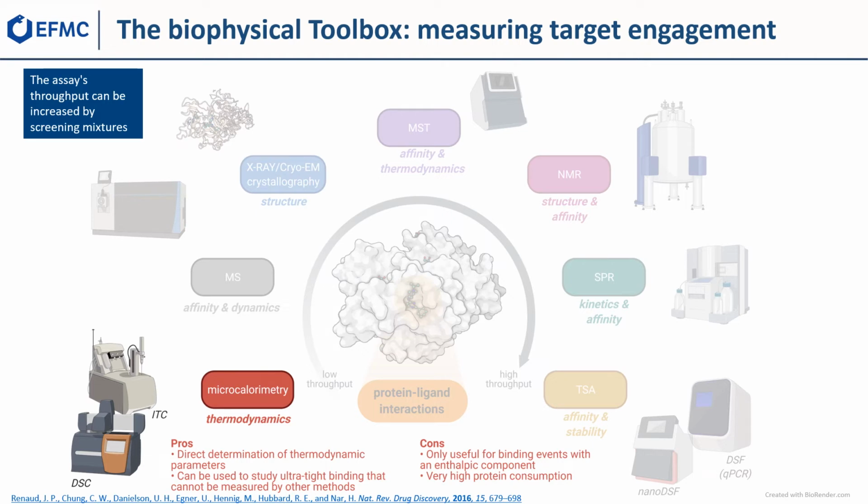Differential scanning calorimetry, or DSC, measures heat changes and corresponding thermodynamics resulting from the thermal unfolding of a protein. An advantage of these techniques is that experiments are performed in solution, but large amounts of protein are typically required.